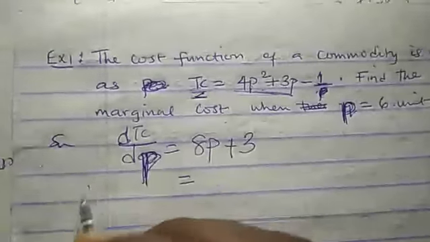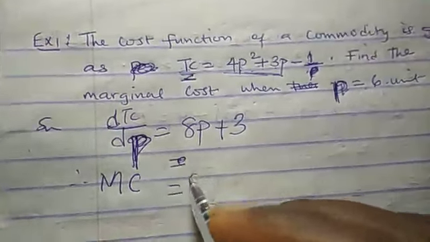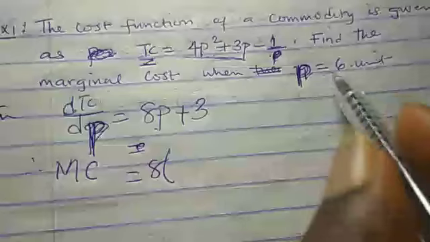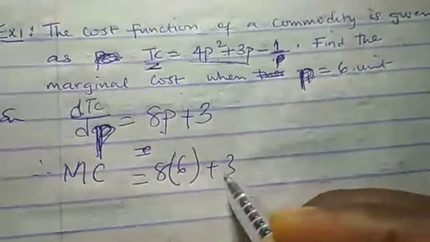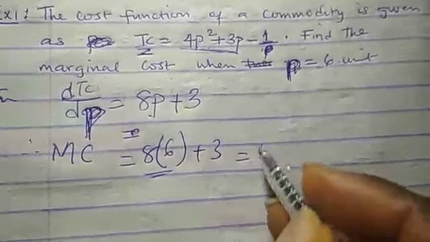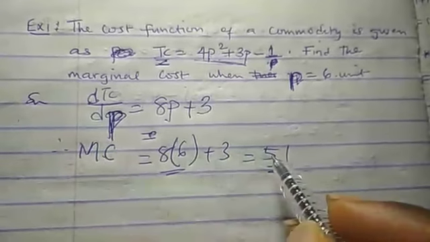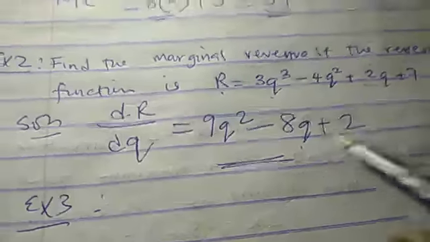Therefore, I can say that marginal cost is equal to 8 times P, our P is 6, plus 3. 8 times 6 is 48. 48 plus 3, that should be 51. So in that case, the marginal cost is equal to 51.